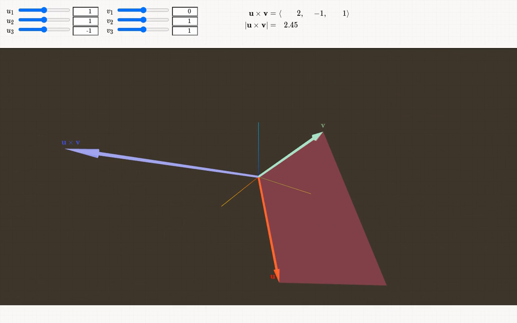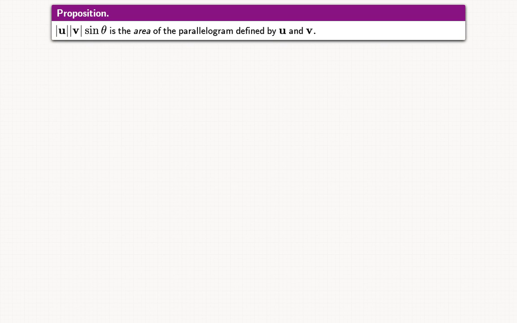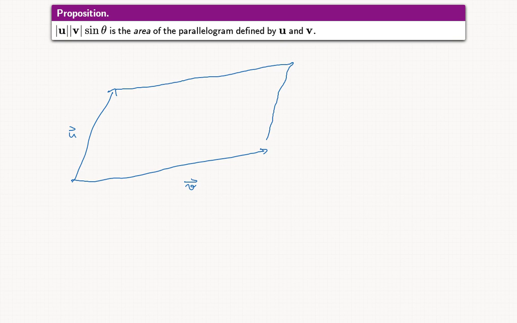Okay, now let me explain why this expression, length of u times length of v times sine of theta, the angle between them, gives the area of the parallelogram defined by these vectors. So if we say this is u and this is v, this is the parallelogram we want to find the area of.